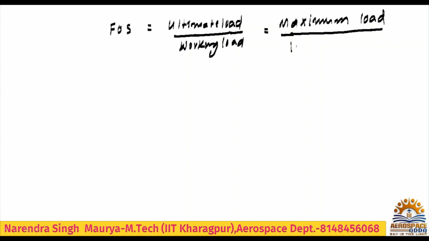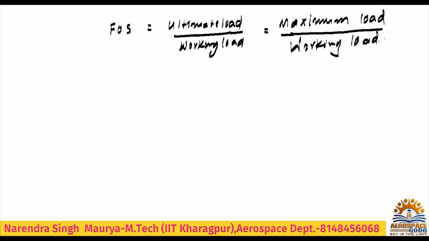And working load means what is currently working, or at normal condition what load is applied to that component, so that it can easily work. So working load and maximum load are both safe conditions, but if you give more than the maximum load, then it will fail. But if you give more than the working load, it will not fail, it will still work.